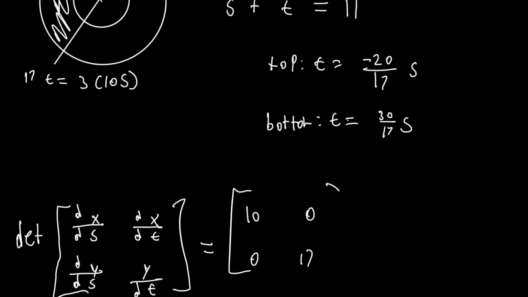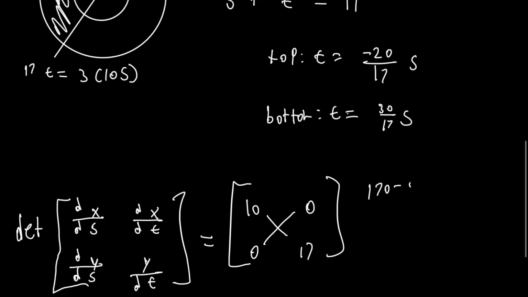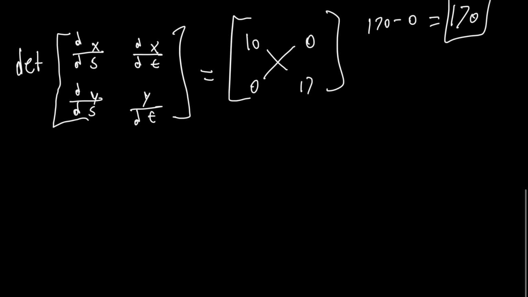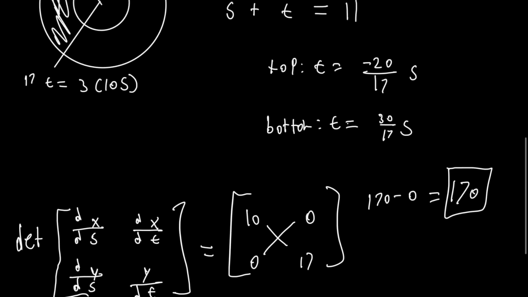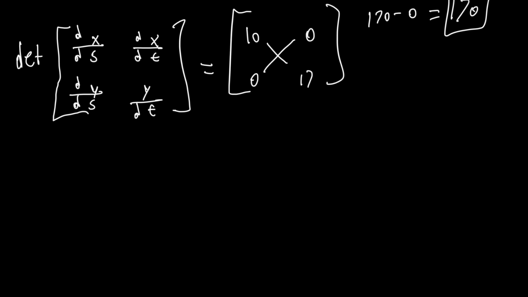Then you cross multiply, and then subtract. So 170 minus 0 equals 170. This is my Jacobian factor for this step. We'll also be taking another Jacobian factor because this isn't in polar form yet.